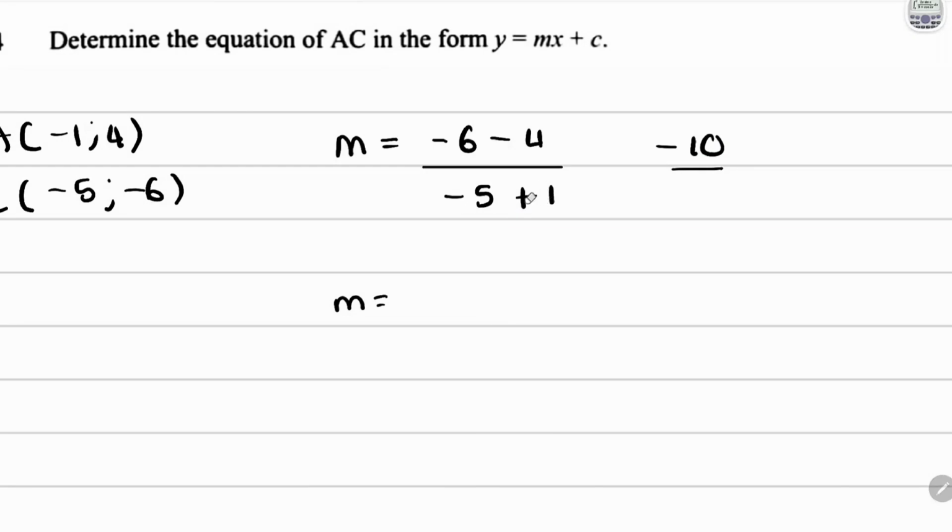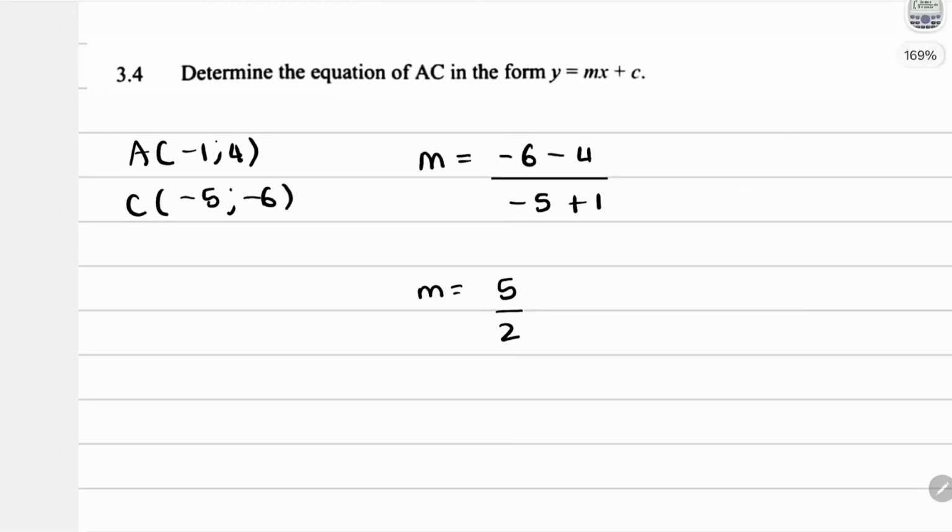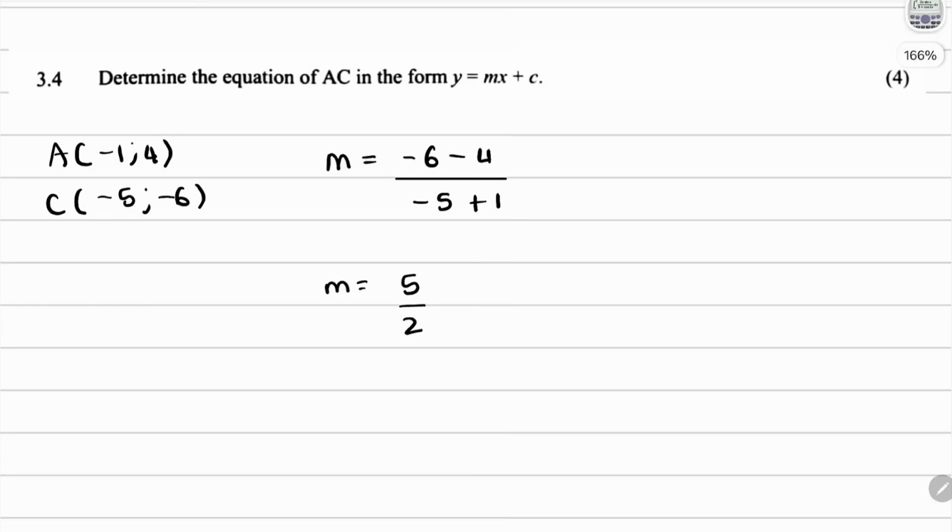And that's like saying 1 minus 5, which is -4. And you see that they will both become positive, and they both have a common factor of 2. So if you divide 10 by 2, you get 5, and you divide 4 by 2, you get 2. So that is your answer. Okay, our answer is 5 over 2 as our gradient, and then we just have to find the equation.